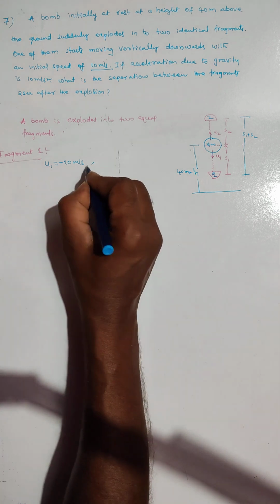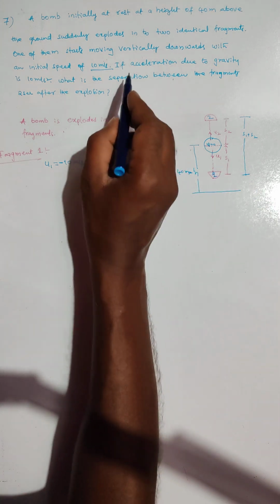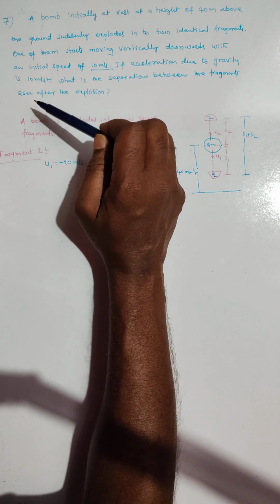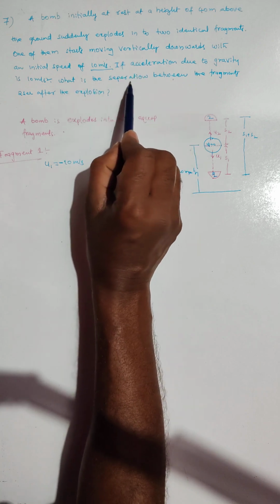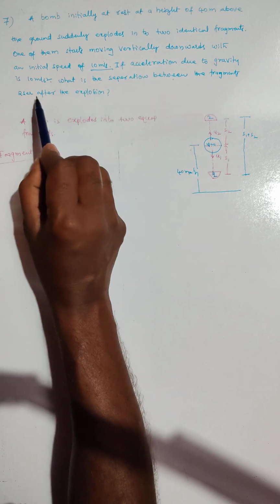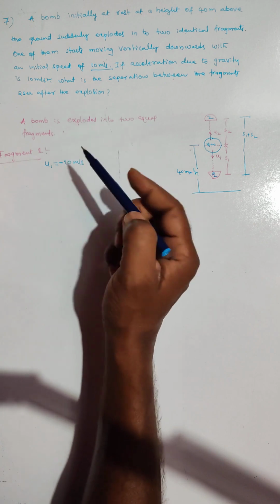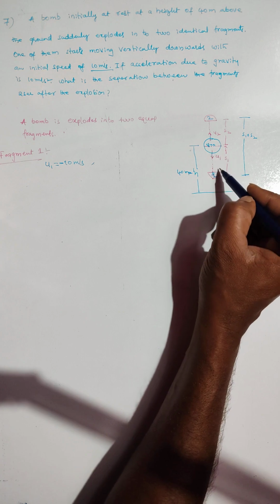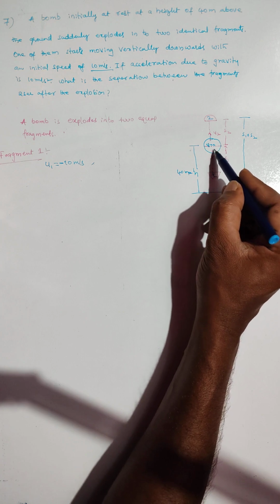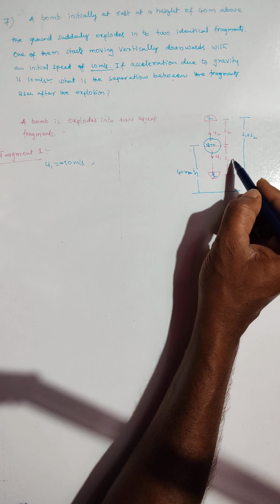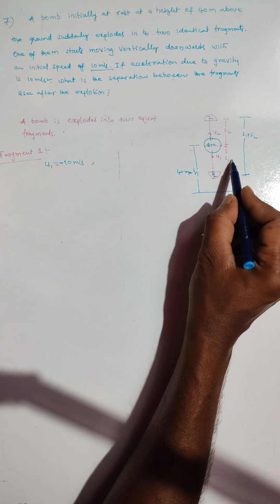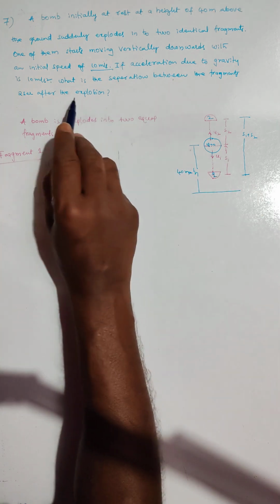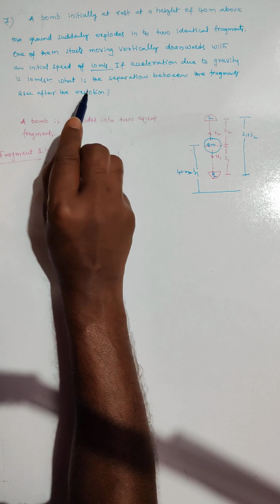Then after 2 seconds, what is the separation between the fragments? We want to find how much distance is traveled after the explosion in 2 seconds, that is S1. This S1 is nothing but the displacement in 2 seconds after the explosion.